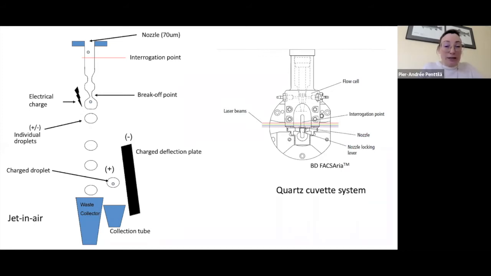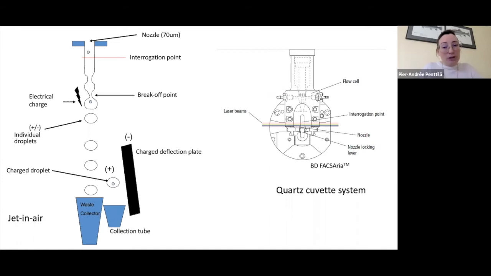So we have a conductive sheath fluid that's used, as I mentioned, typically a buffered saline. And the flow chamber is actually vibrated by means of a piezoelectric transducer. It can be vibrated at a frequency typically anywhere between around 20 and upwards of 100 kilohertz.